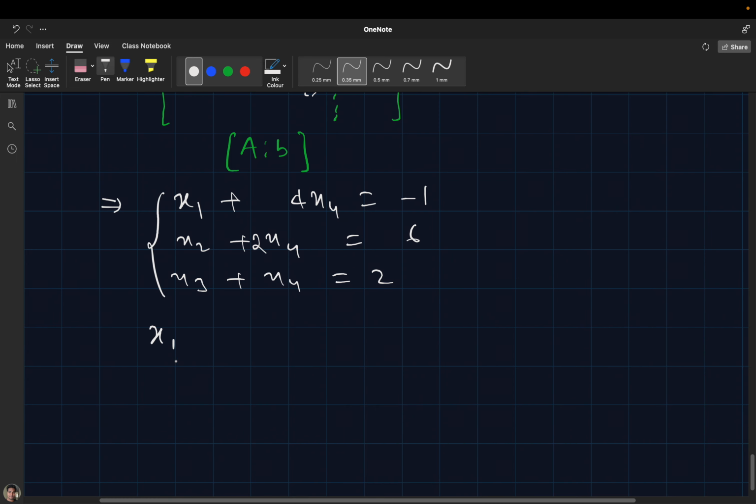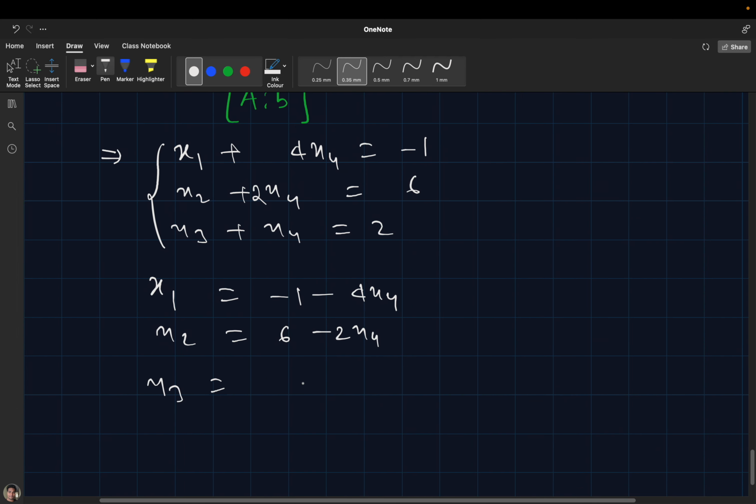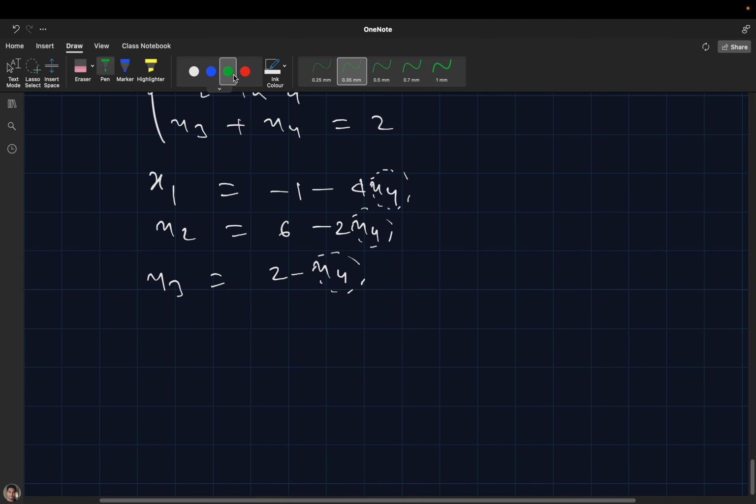So what I can write is like this: x1 equal to minus 1 minus 4 x4, x2 equal to 6 minus 2 x4, and x3 equal to 2 minus x4. Now I'm trying to retrieve the solution. So you can see that this x4 is actually a dummy variable, which means that you can assume anything here.